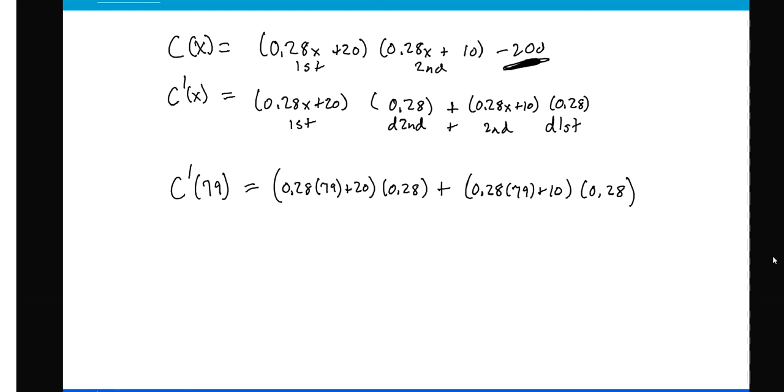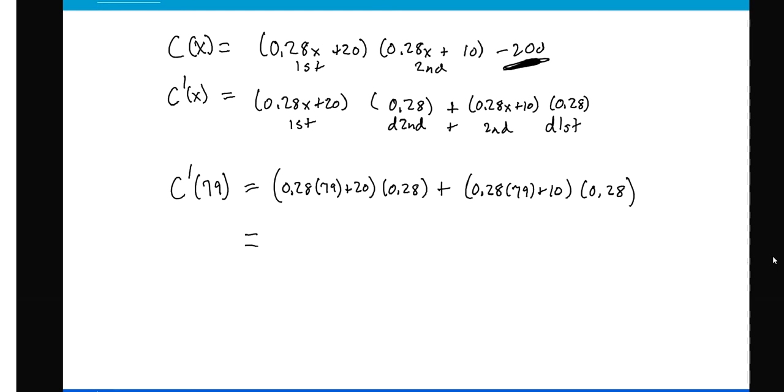And I'm just going to type that into a calculator for us. 0.28 times 79 plus 20 times 0.28 plus 0.28 times 79 plus 10 times 0.28.